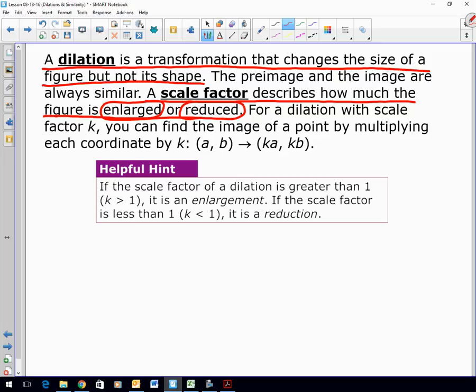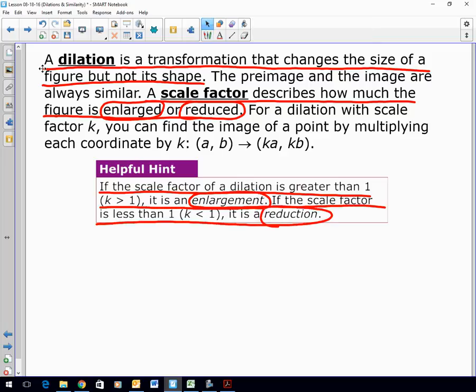Then it goes on, it says dilation with scale factor k, you find the image of a point by multiplying each coordinate by k. Okay, write down the helpful hint as well. If the scale factor of a dilation is greater than 1, it is an enlargement. If the scale factor is less than 1, it's a reduction. Write all that down for me, please.